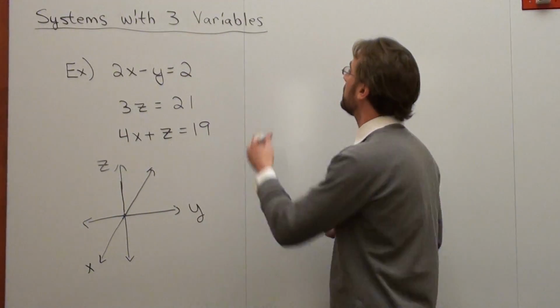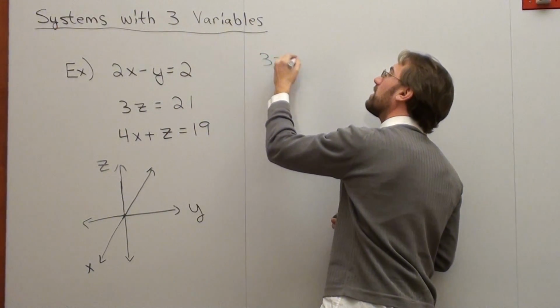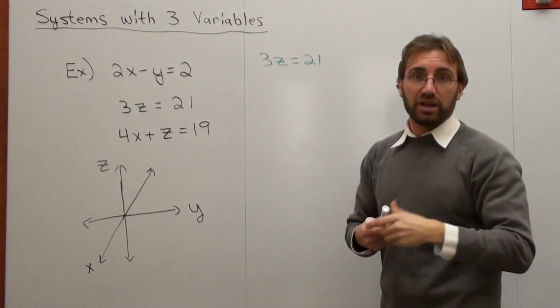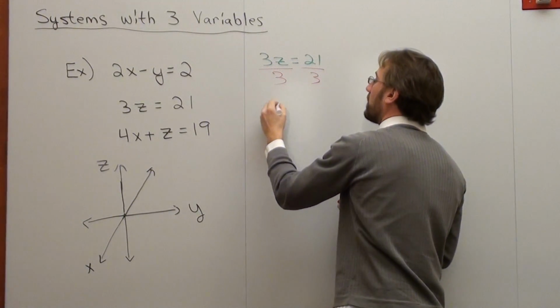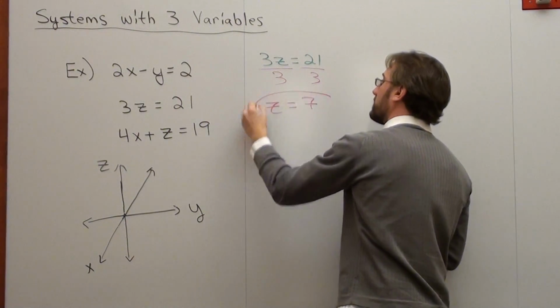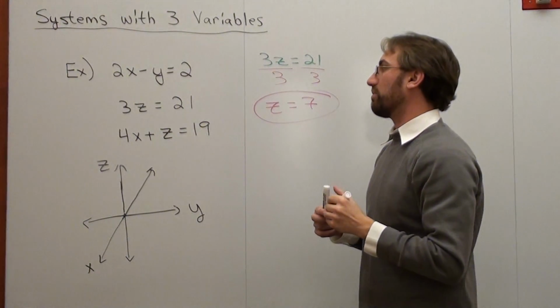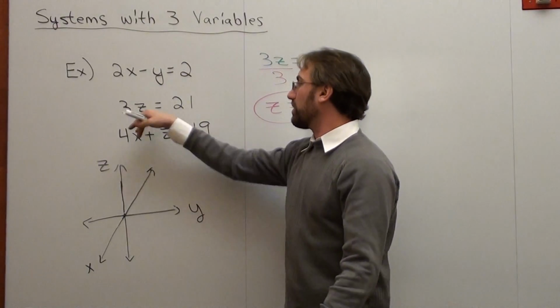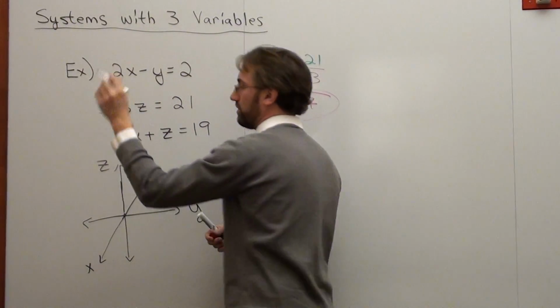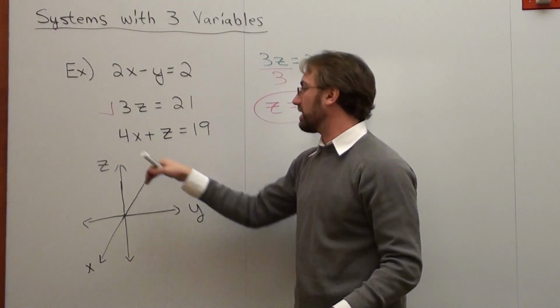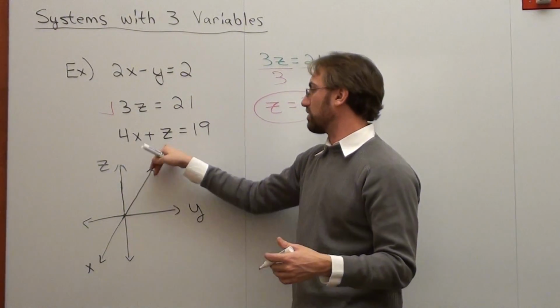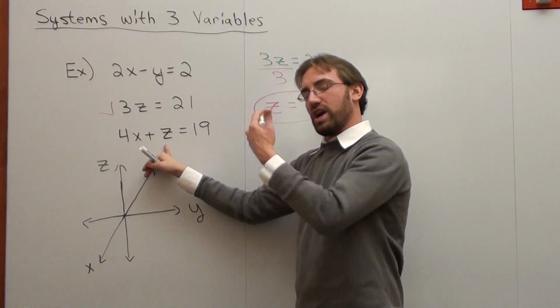3z equals 21. So I have that. Divide by 3, and you're going to get the value for z. Z equals 7. Now using that information, you know z equals 7, and we already used this one. Check. No problem. I'm going to use one of these 2 to figure out what either my x or my y is, and that means, let's use this one because I know this is 7, so all I've got to do is subtract and then divide.